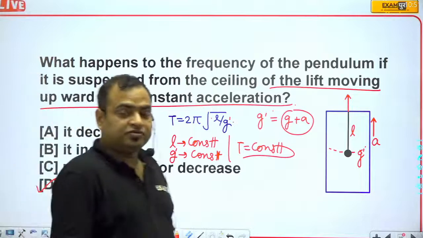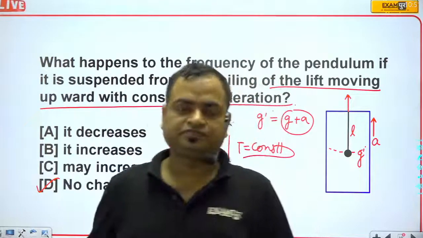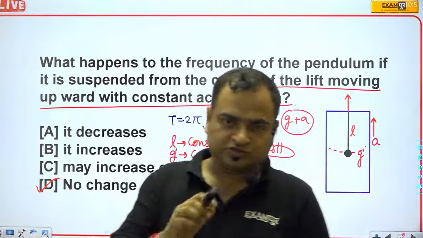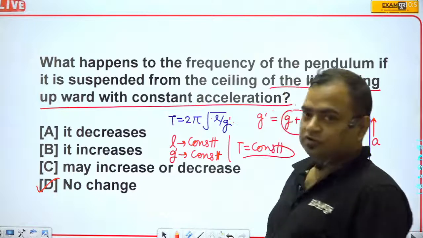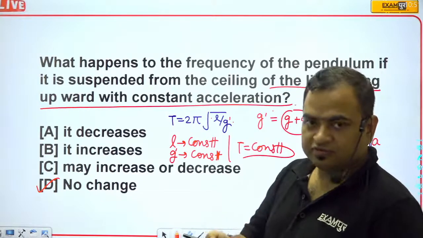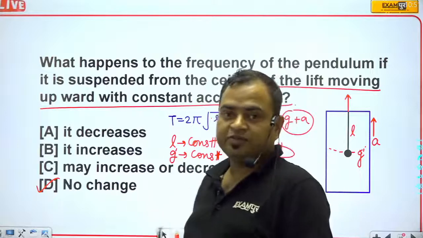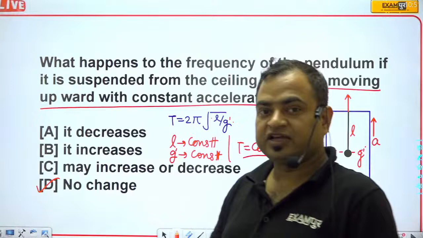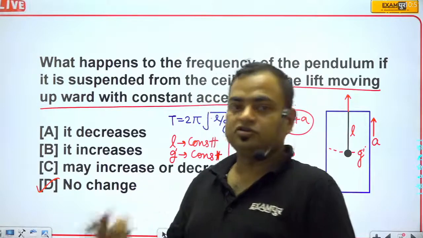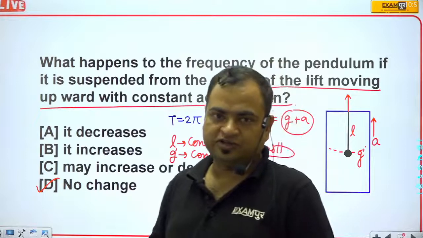But I would say that those students would get confused about the G, because we all know that when a lift is going vertically upward, then the value of gravitational acceleration becomes G plus a, where a is the acceleration of the body.